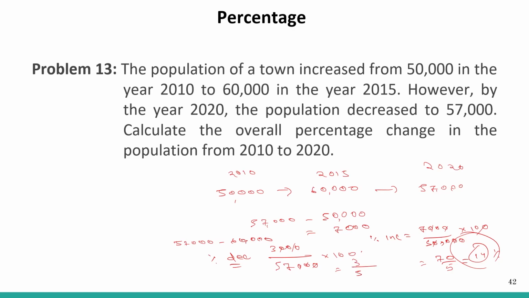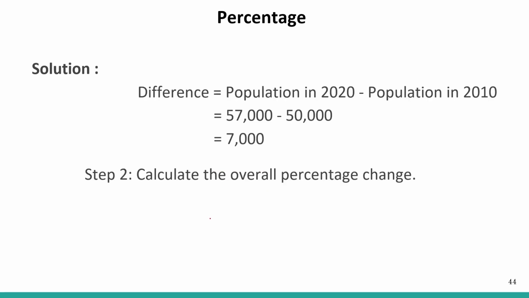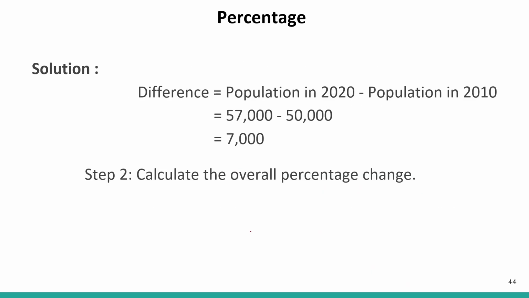So 3 by 57 into 100, or 300 by 57%. From 2010 to 2020, the percentage change is 14%. And for 2015 to 2020, it is 3 by 57 into 100 or 300 by 57%. That was the percentage decrease.